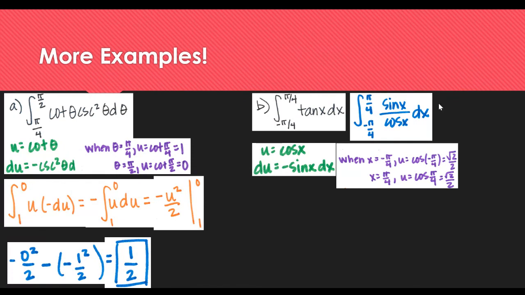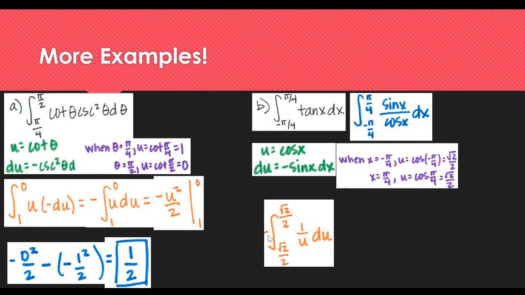So if I plug in my u and all that, I get a negative integral from square root of 2 over 2 to square root of 2 over 2 of 1 over u du. Okay, that seems like it's not going to be the prettiest integral, but think of my limits here. I'm going from one thing to the same thing.